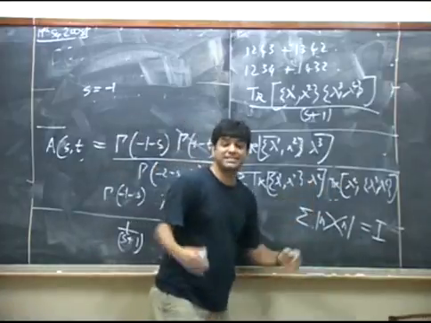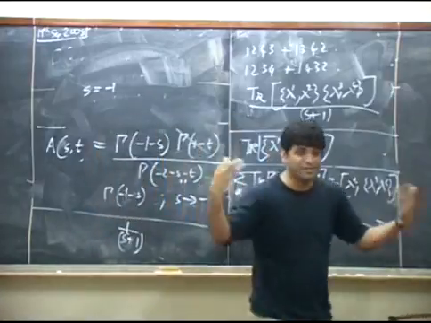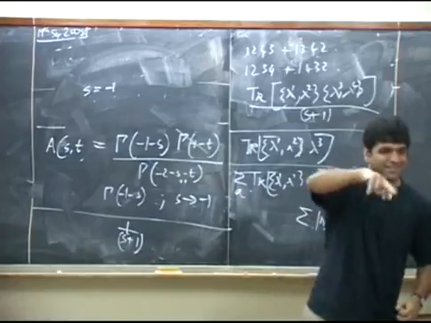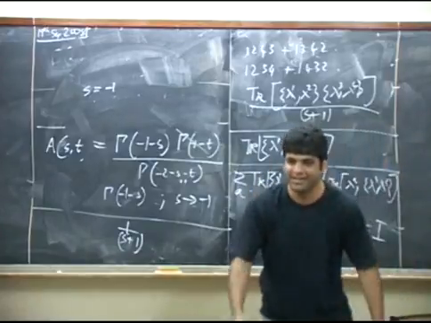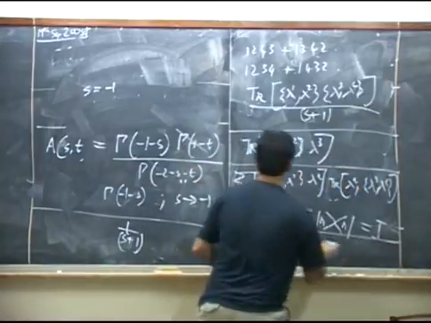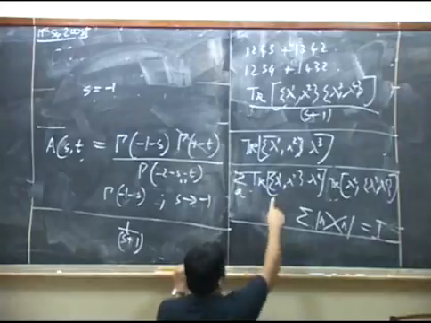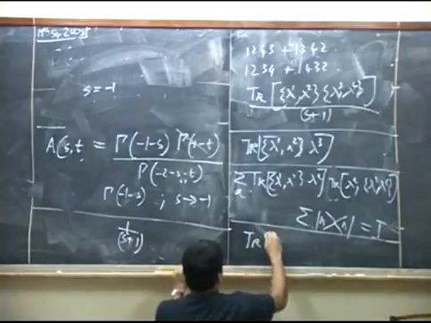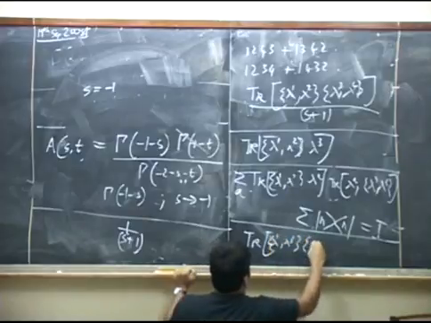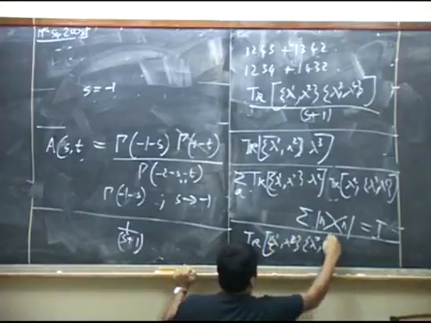Think of these lambdas as a basis in the space of n squared dimensional matrices with the obvious inner product, namely the trace of products of matrices. You can convince yourself that this is the same thing: when we do the sum over A, we get the trace of lambda 1, lambda 2, lambda 3, lambda 4.